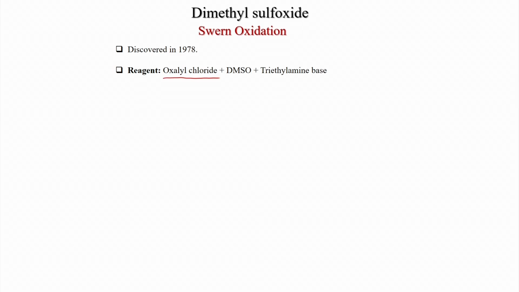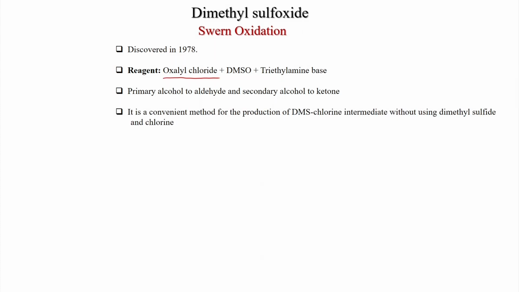Generally this reaction occurs at minus 78 degrees centigrade. Here also primary alcohol goes to aldehyde and secondary alcohol to ketone. It is a convenient method for producing the DMS-chlorine complex or intermediate without using dimethyl sulfide and chlorine. So, without using dimethyl sulfide and chlorine, we can get this DMS-chlorine complex by oxalyl chloride.